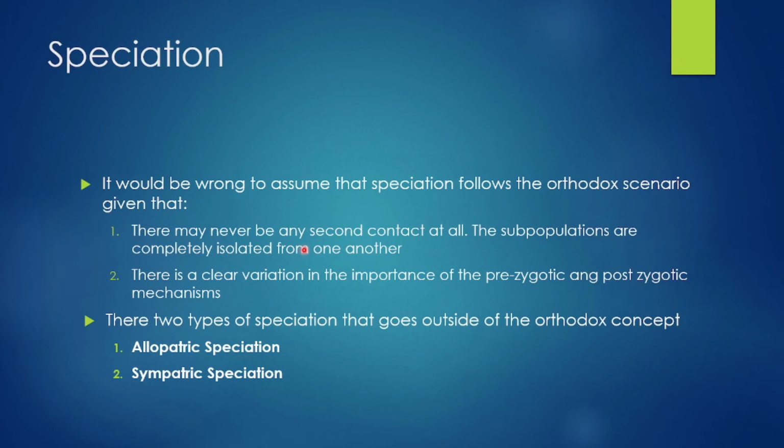This goes with the concept of developmental biology that we will not be discussing, but it's an important concept to remember: pre-zygotic means before the embryos are formed, and post-zygotic means after the embryos are formed. Most importantly, there are two types of speciation that go outside the orthodox concept. One is allopatric speciation, and the second is sympatric speciation.